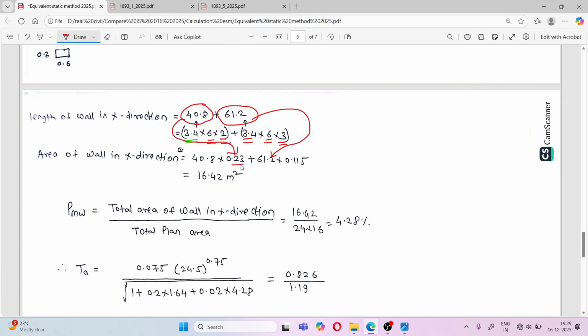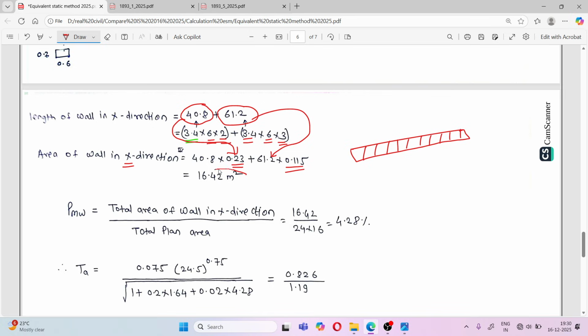So we'll multiply 40.8 into 0.23, the thickness of external wall, plus 61.2 into the thickness of internal wall. That means we are calculating this portion, length into width, this area. And that is 2 in x direction because we are calculating time period in x direction.